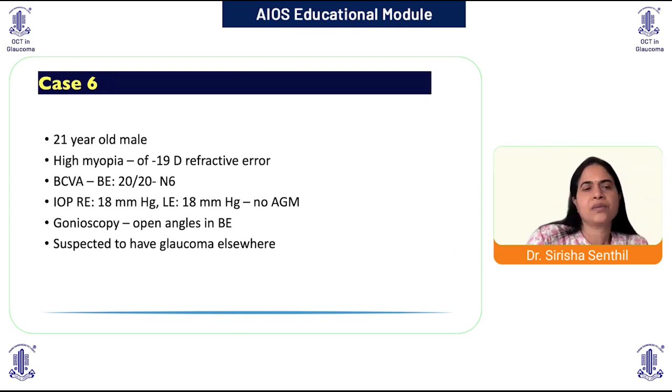So from the previous case, with the field defect correlating to some extent with the OCT, but not correlating clinically, always go back and re-look at the clinical picture and try and see if we have an alternate diagnosis.